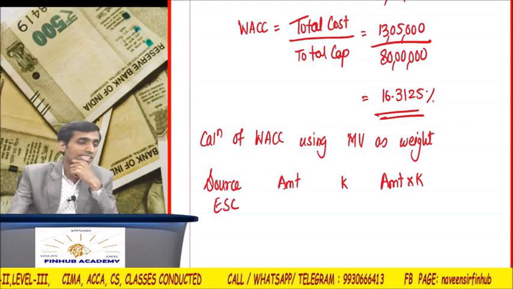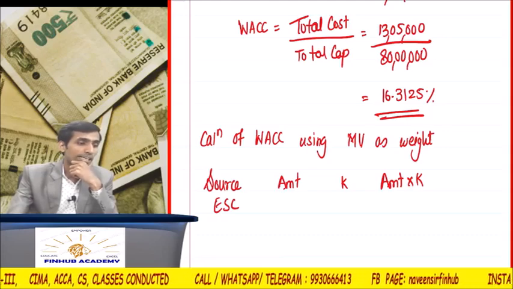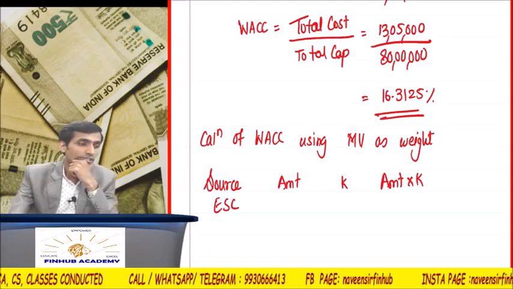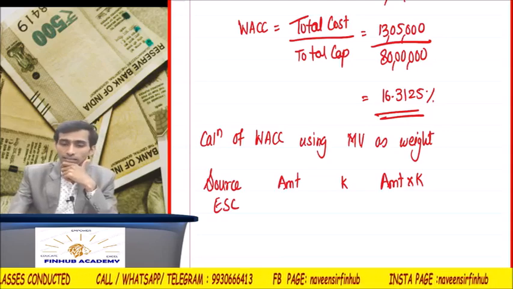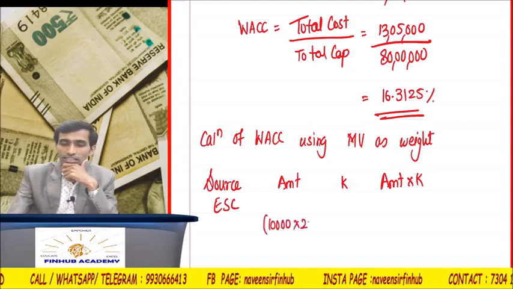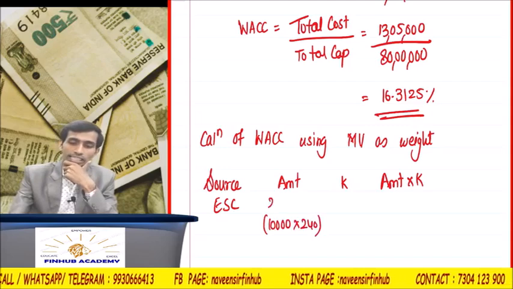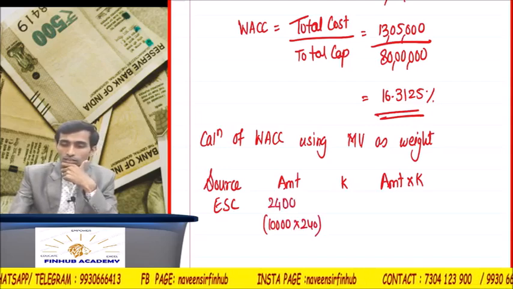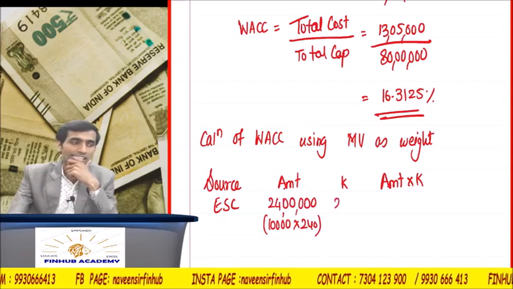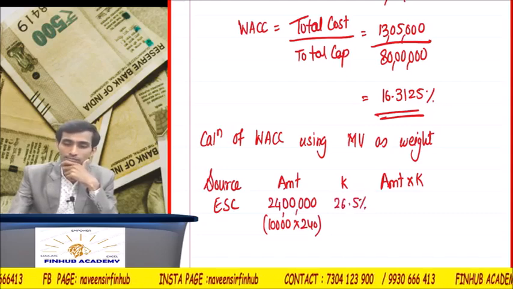Number of equity shares is 10,000. Market price of equity share is 240. So 10,000 multiplied by 240 is 24 lakhs. KE will be 26.5%.